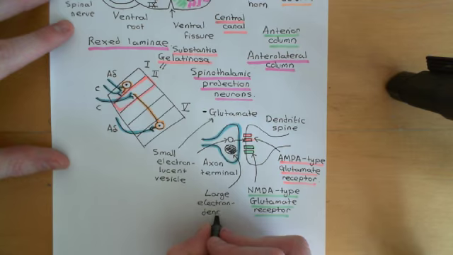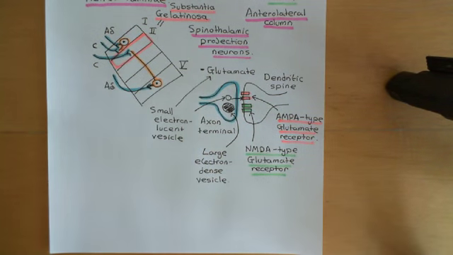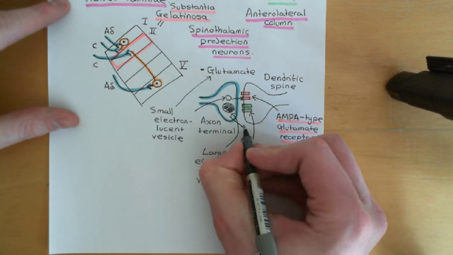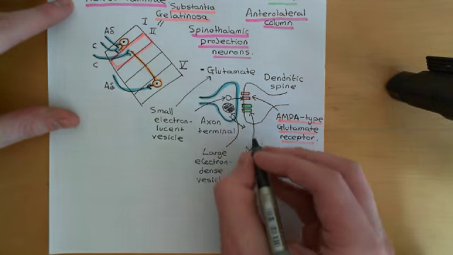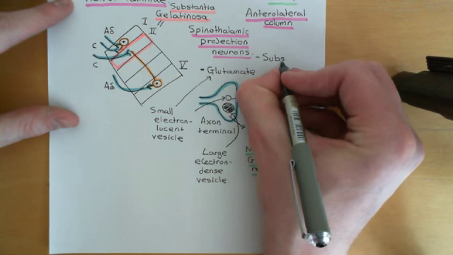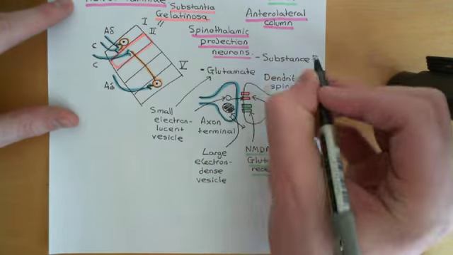These large electron dense vesicles actually release a different neurotransmitter that's a peptide neurotransmitter. So the other key neurotransmitter that these axon terminals release is, where should I write it? I'll put it up here. Substance P, which is a polypeptide.